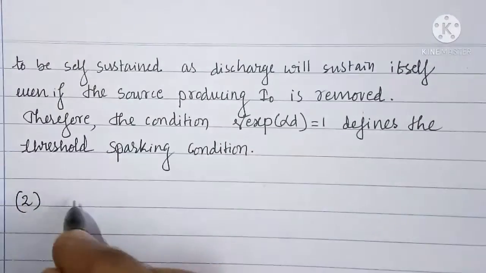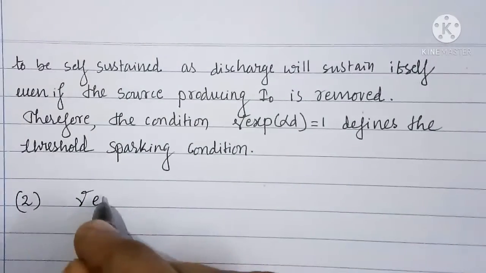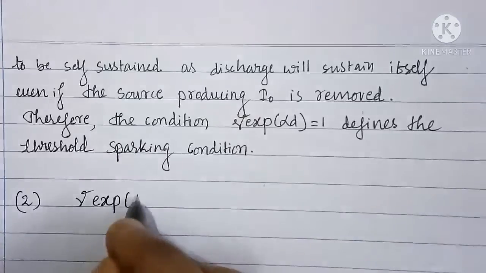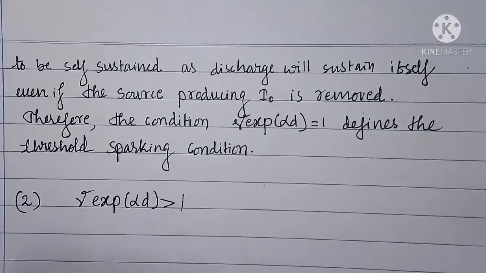Second condition may be taken as gamma into exponent of alpha d greater than 1.